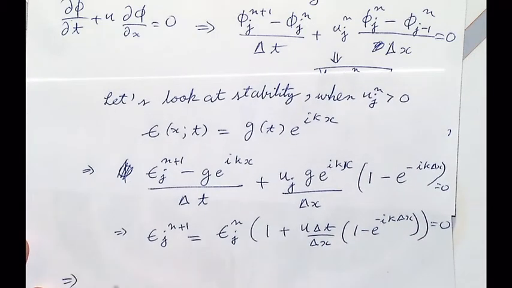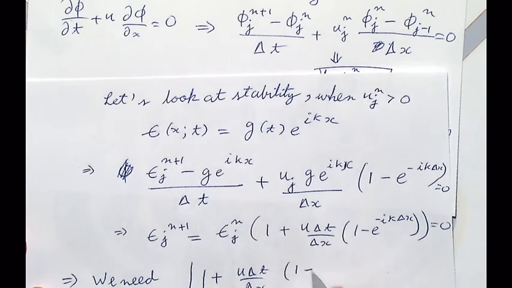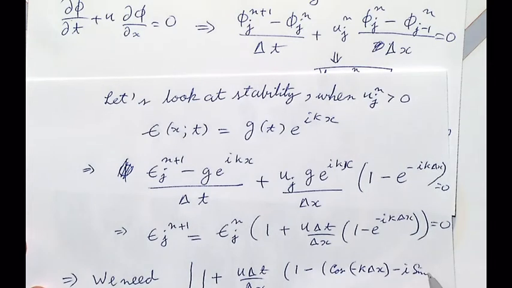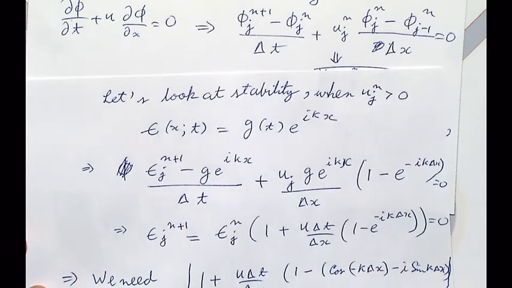So this means we need, and this becomes 1 minus cos k delta x minus i sine k delta x. It should be less than 1.